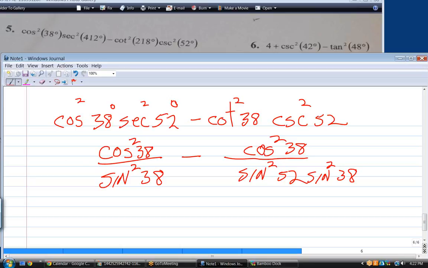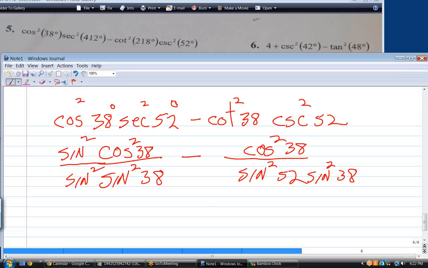And now, in order to subtract those two fractions, I have to find the common denominator, which is sine squared sine squared. Okay, we're making progress.